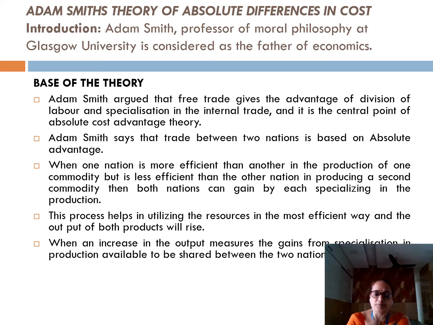Then this first nation becomes more specialized, so it has more absolute advantage over that particular commodity, which it can produce at less cost. So the ways are formulated for exporting that commodity in which the country is specialized, using division of labor.